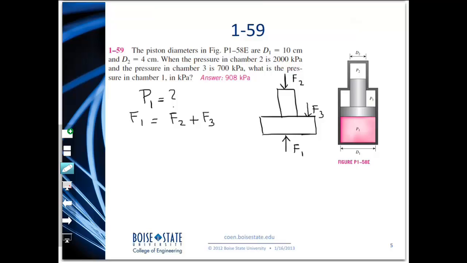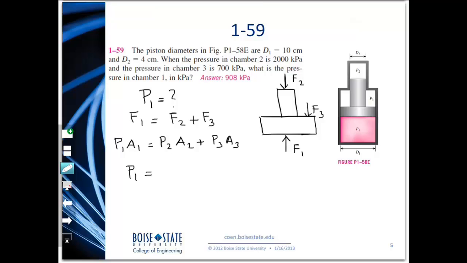You know that you can write force in terms of pressure by multiplying with the corresponding area. So P1 A1 will be equal to P2 A2 plus P3 A3. You can do a little bit of algebra here, and I'll let you practice that.